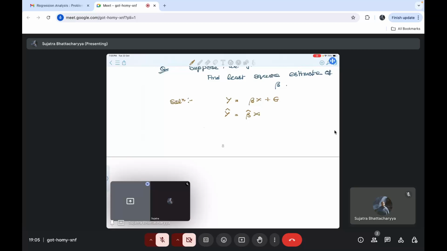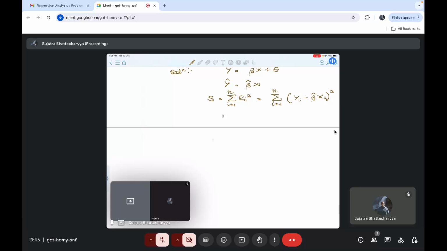What next you do is go for S, the sum of squares of the residual, that is the sum of e i square, where i goes from 1 to n. This will be y i minus y hat i, that is y i minus beta hat x i, squared. So S becomes the summation over i of (y i minus beta hat x i) squared.